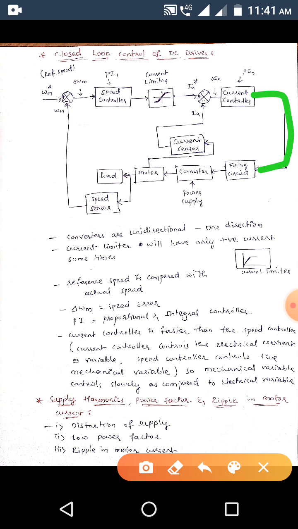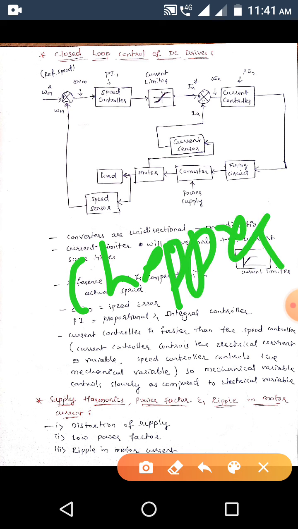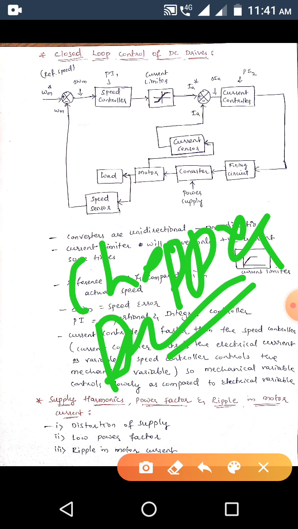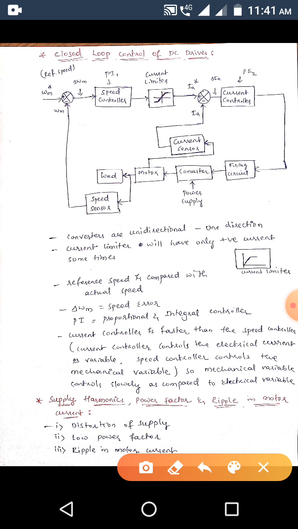The firing circuit is connected with the converters. Here we are going to consider the converter as a chopper, but we can consider any converter, DC to DC, DC to AC, AC to DC, or cycloconverters, depending upon your application. Those converters are connected with the motor.